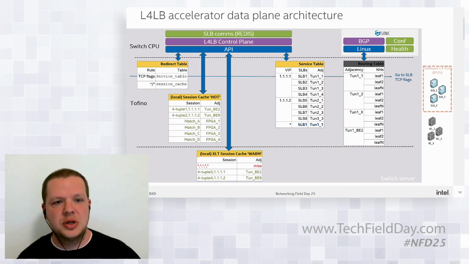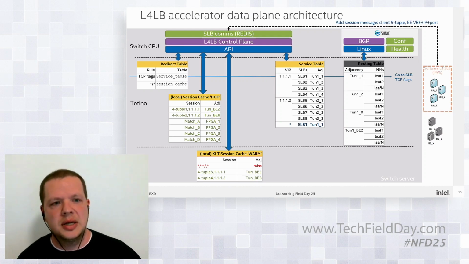So when a new session comes and the system recognizes, by inspecting the TCP flags, that this is a new session, it sends that session to one of the SLBs, to the software.